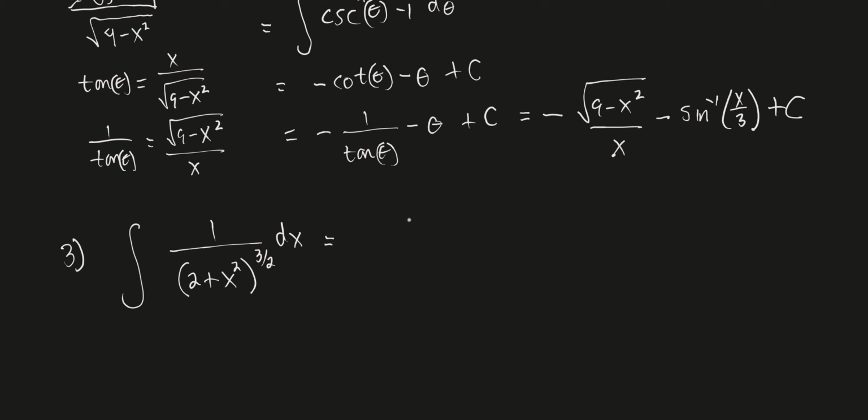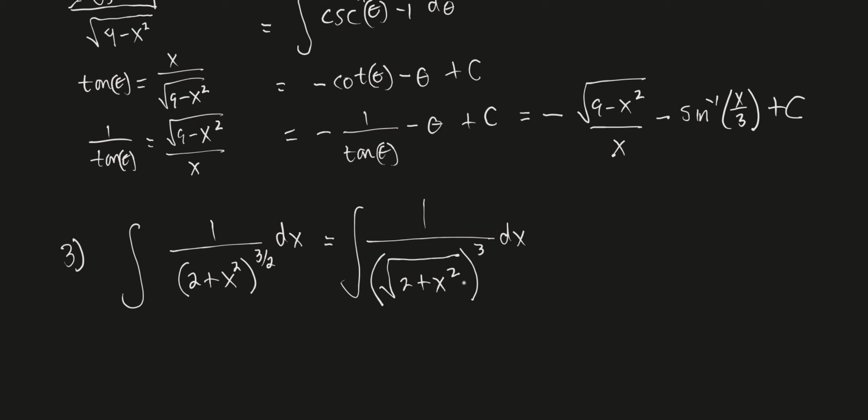If you want to see it clearly, it's the square root of 2 plus x squared, and then all of that cubed. That's one way to interpret this fractional exponent, and that's with respect to x.